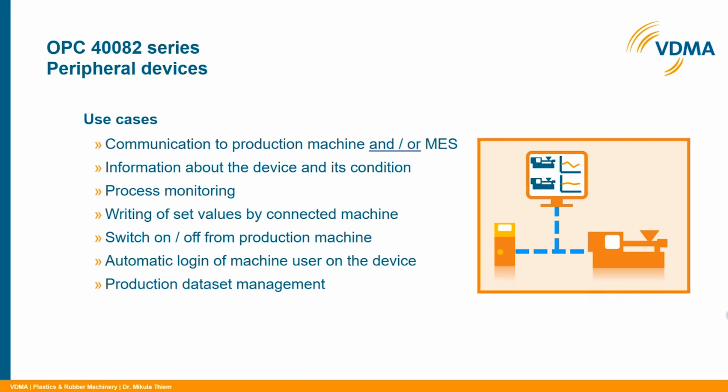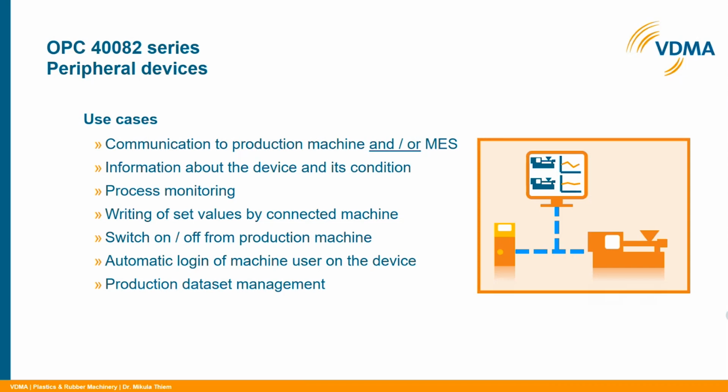The variables or data that we communicate with this specification is generally information about the device and its condition, process monitoring and control by, for example, writing of set values by the connected machine, or methods to switch the machine on and off.